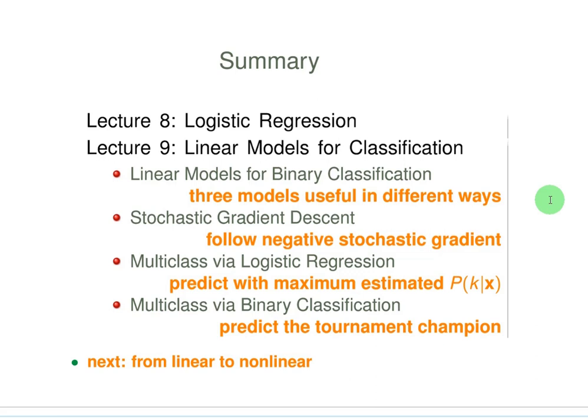And we have reviewed the stochastic gradient descent algorithm that uses just one random example at a time to perform the weight update, followed by examples of extending binary into multi-class classification tasks using logistic regression or binary classification.